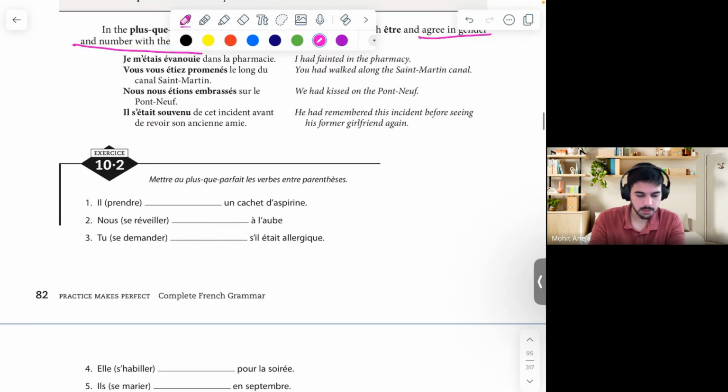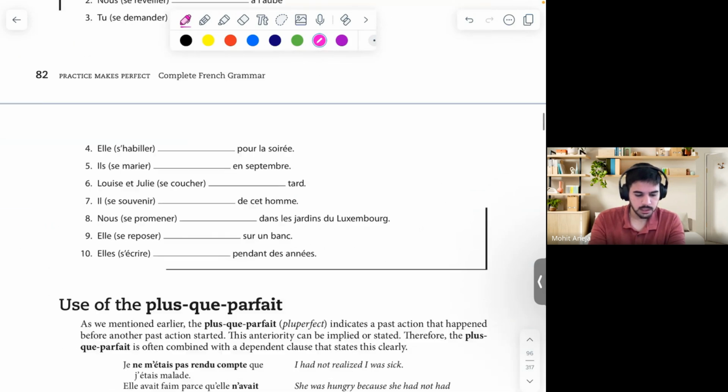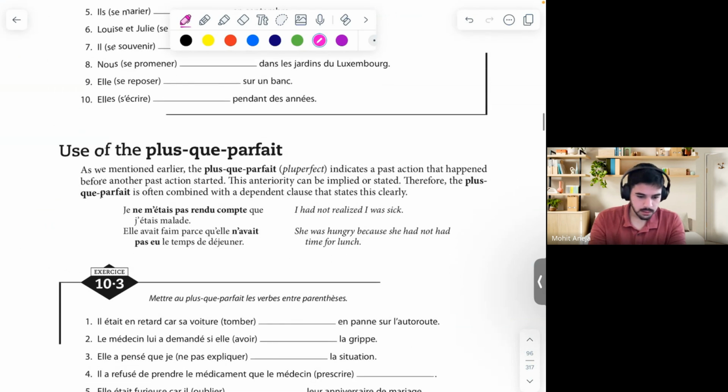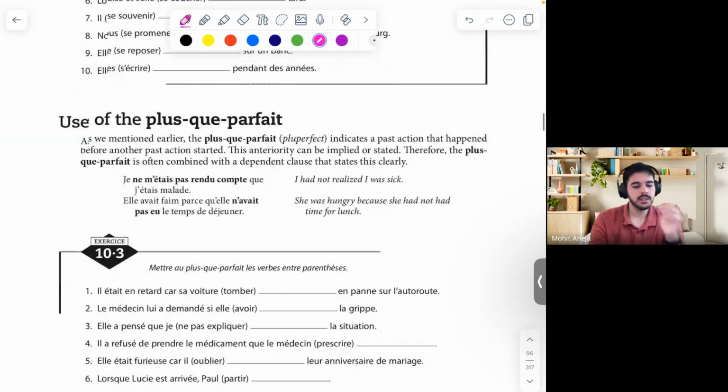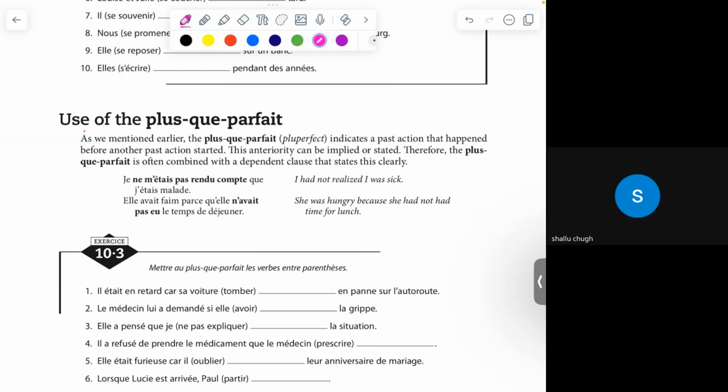Good. What I'm going to teach you is this. Just a moment. Let's read this line. Shalu, can you read this? Use of the plus-que-parfait. As we mentioned earlier, the plus-que-parfait indicates a past action that happened before another past action started. The anteriority can be implied or stated.